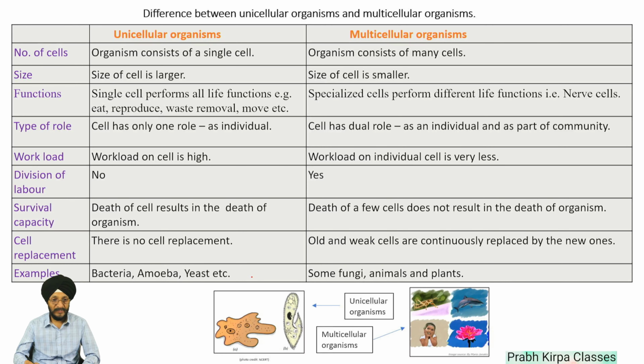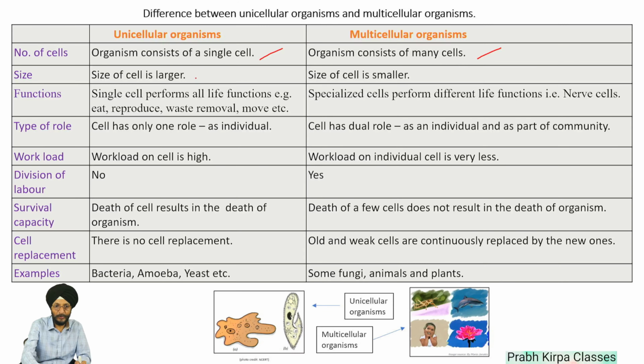Now we will see the difference between unicellular and multicellular organisms. As you know, the number of cells in case of unicellular organism is only 1, whereas a multicellular organism consists of more than 1 cell.